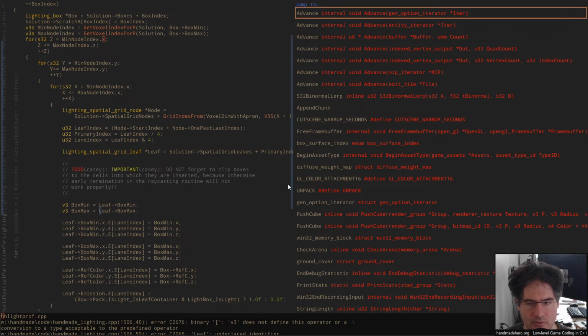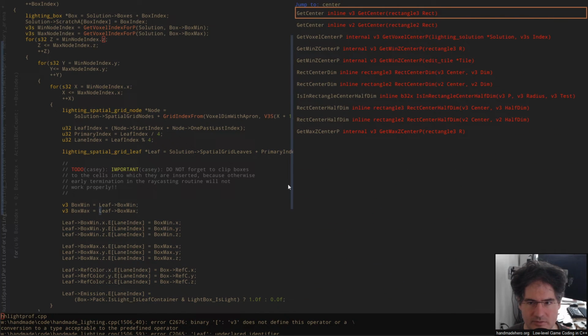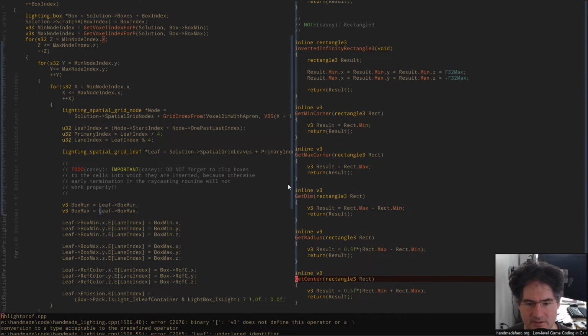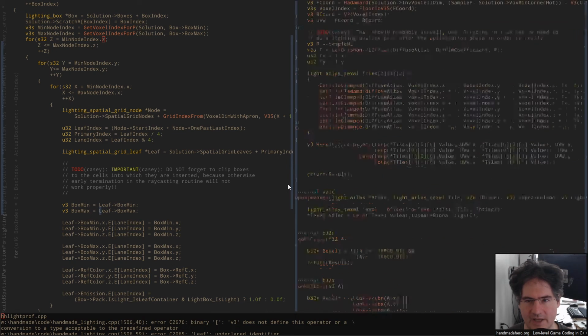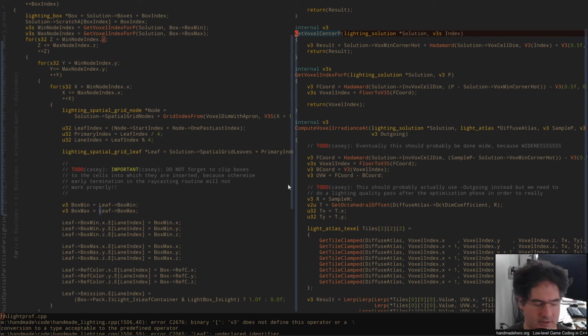And so where we do the get center P for the grid square, I don't know, get voxel center, yeah, that. So where we have the get voxel center P, and we pass in the index, that's effectively what we want because that will give us the min-max bounds.